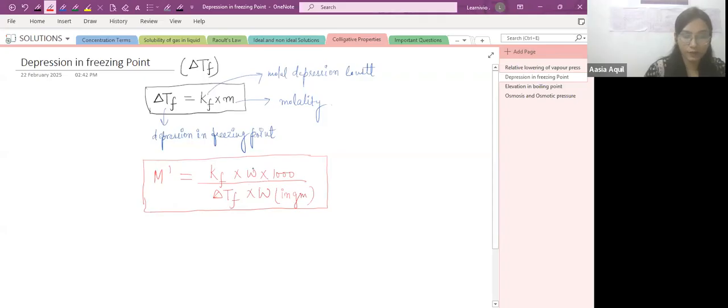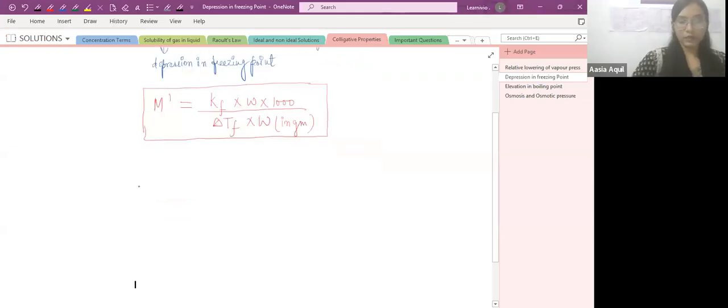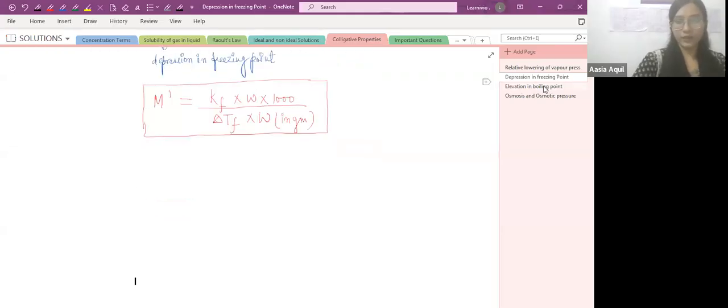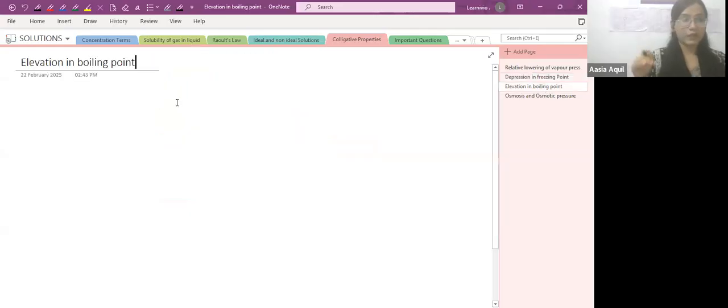Small w is your given mass of solute, and capital W is your given mass of solvent, right? So when these four things are given in your question, then you can solve it for molecular mass of solute, right? All the notations have their own meaning. So it will be more clear when we do some numerical questions, right?